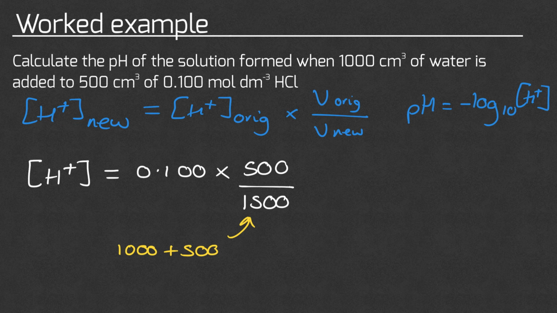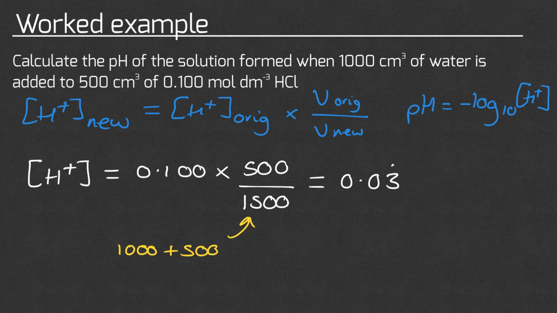It's not just the amount you've added, it's the total of both. Sometimes a question will say, calculate the pH formed when a 1000 centimetre cubed solution is made up to a 2000 centimetre cubed solution. In that case, your new volume will be 2000 centimetres cubed. Just be careful to make sure you read the question really carefully.